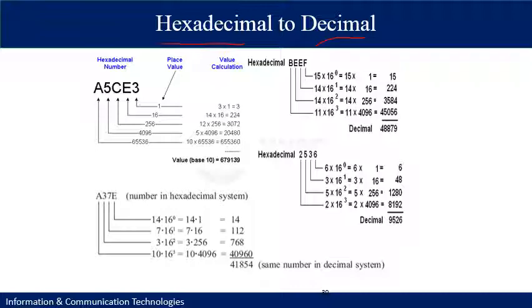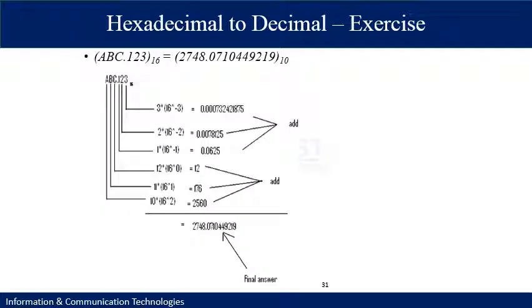In this case, you will use method 1, which is again the multiplication method. This is another example for you to calculate the decimal representation of a hexadecimal number, and in this case you have a fraction based number.